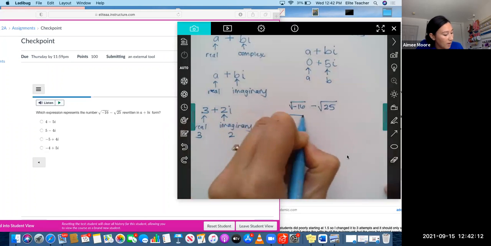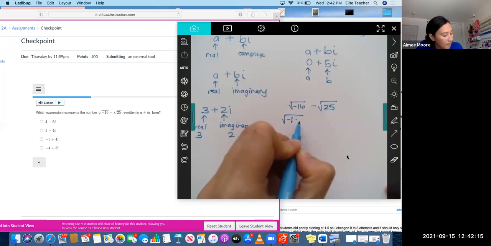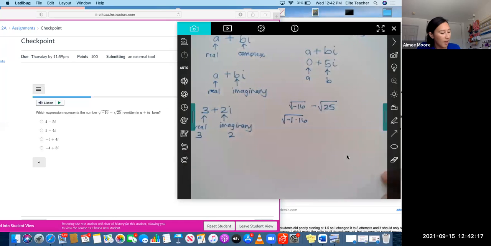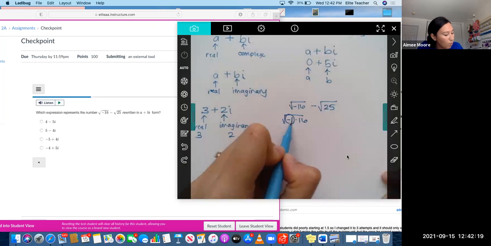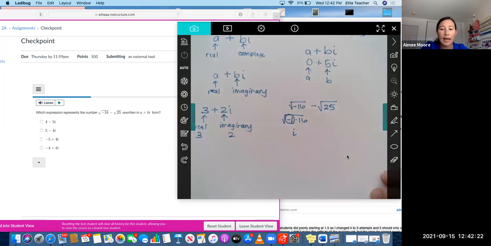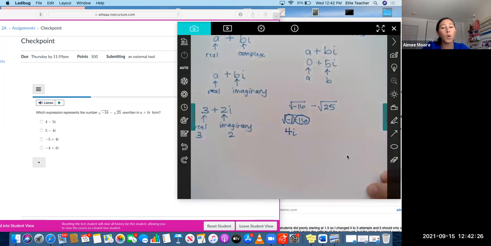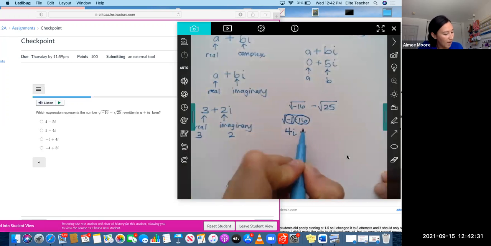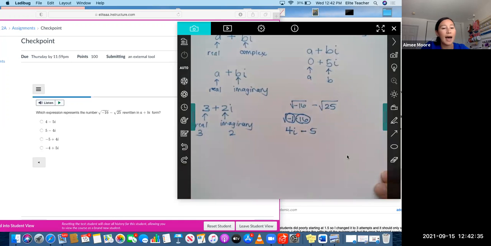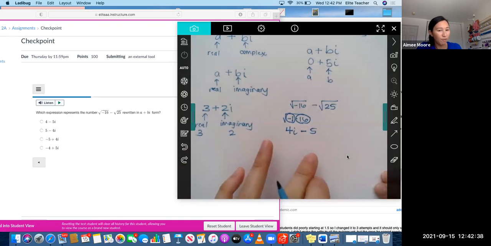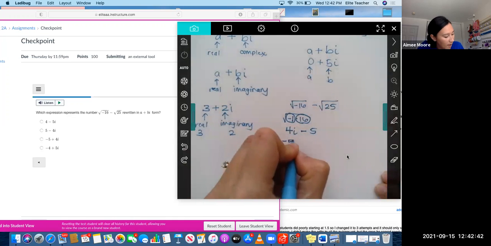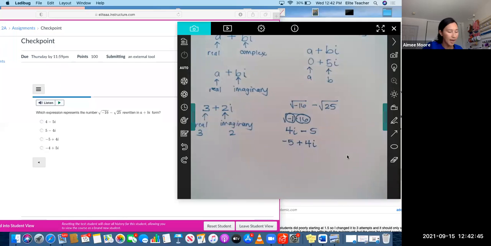So the square root of -16 would be the square root of -1 times 16. And then the square root of -1 is i. And then the square root of 16 is 4. And then we have minus the square root of 25, which we all know is 5. So if we put it in a plus bi form, we would get -5 plus 4i.